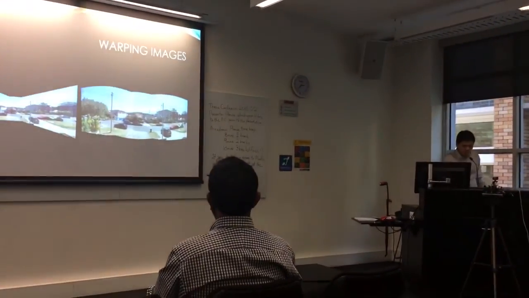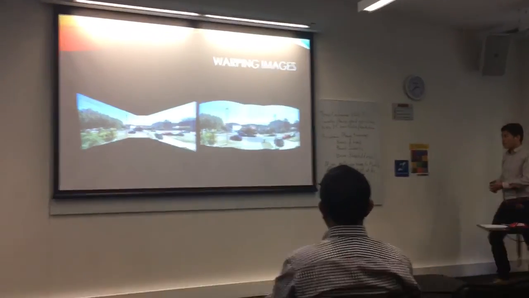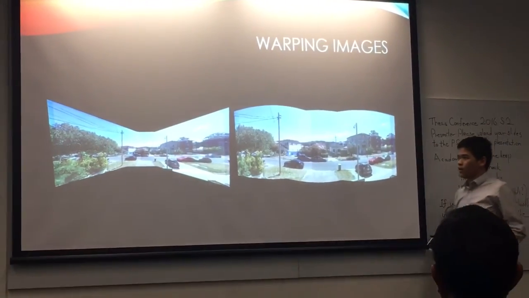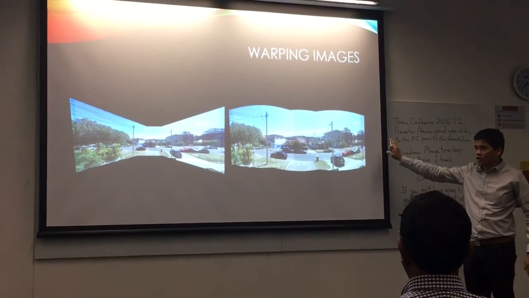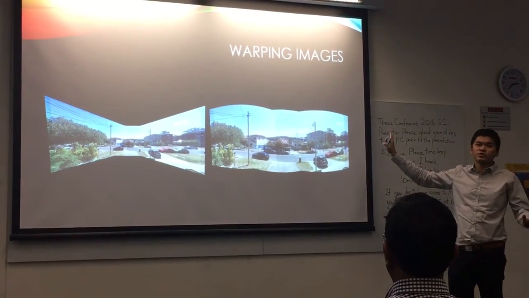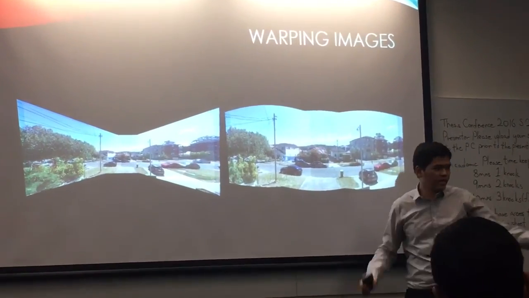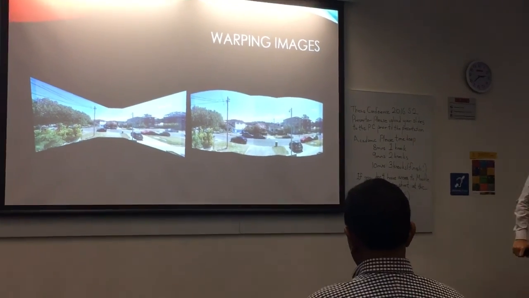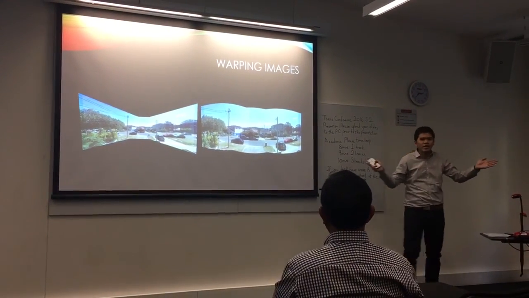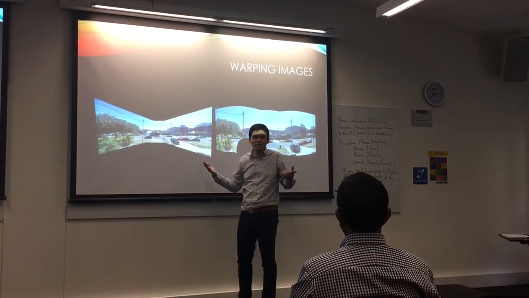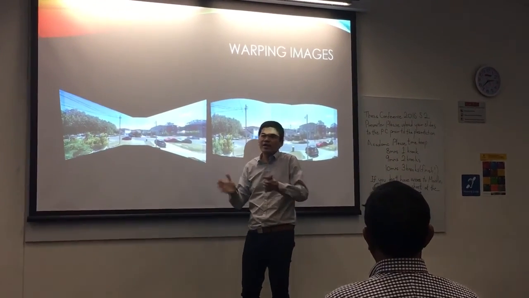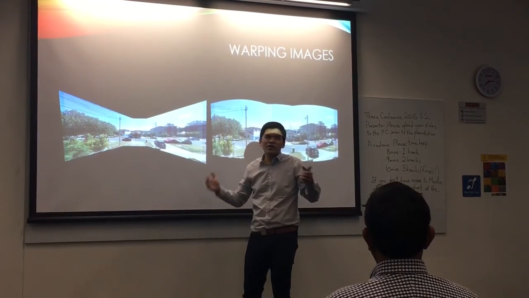So we move to warping image. Why do we have to understand warping image? Warping image is important because what you see here is a 2D slide, a 2D screen, but basically this is capturing 3D video. So how do we make a 3D video view on the 2D?